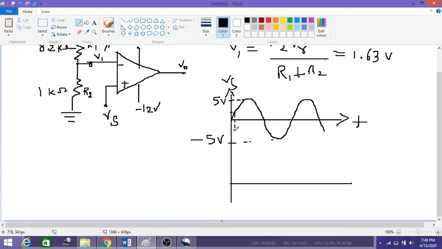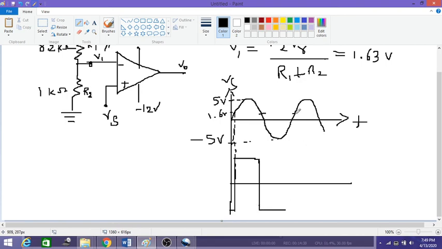If I consider this as my 1.6 volts, till 1.6 volts I'll be getting the negative peak, and after this I will be getting a positive peak till I reach 1.6 volts again. If the input voltage goes below 1.6 volts, the output will go to negative saturation, that is minus 12 volts.